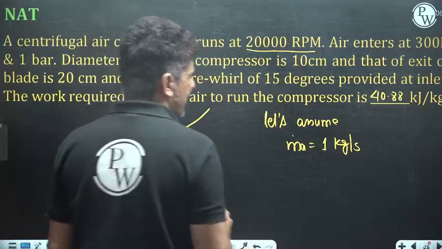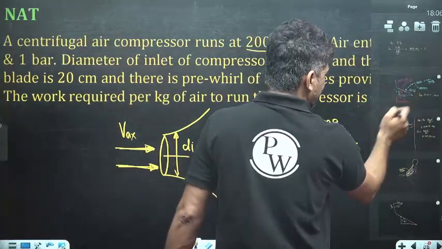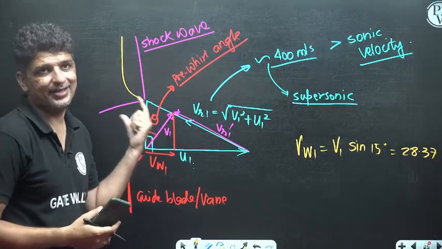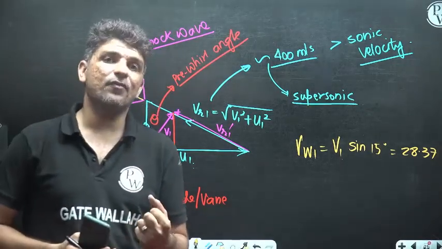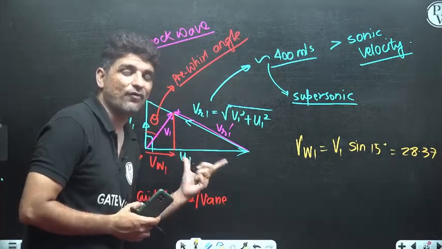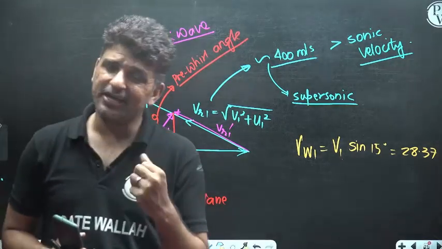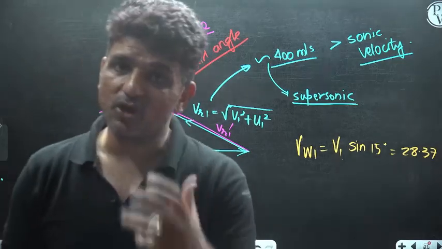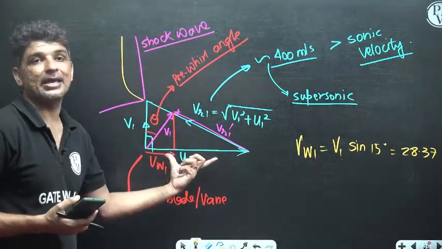Why do we employ the pre-whirl? We employ the pre-whirl to remove the shock wave formation at the inlet. Why are shock waves formed? Shock waves are formed because of the very high inlet velocity in air compressors. Generally, a compressor runs at more than 25,000 RPM, so your U1 becomes very high.